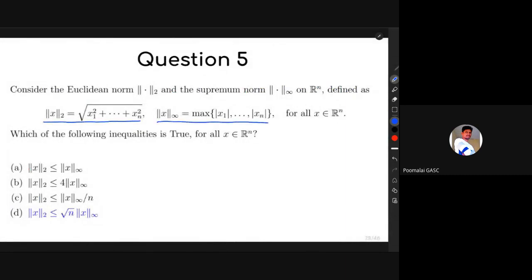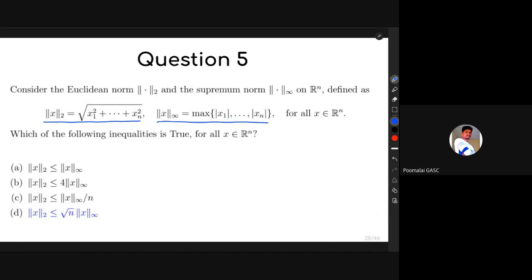Now, assuming all of you are familiar with these two definitions of norm, the question is, can we compare these two norms? And if we can compare, what is the relation between them? What will be the inequality they satisfy?